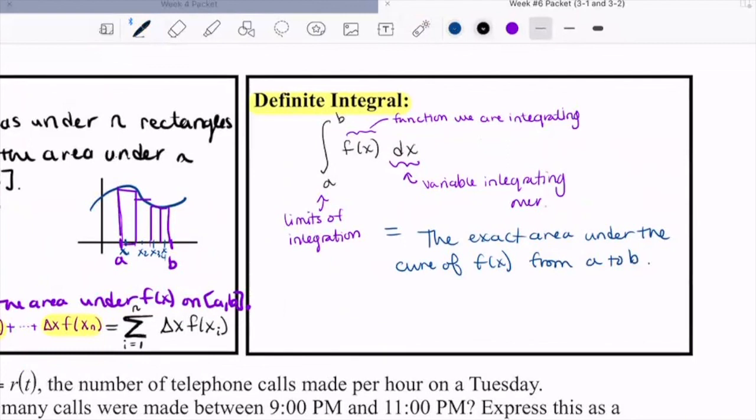That's the picture we should have in our head: a picture of our function f, with our a and our b.